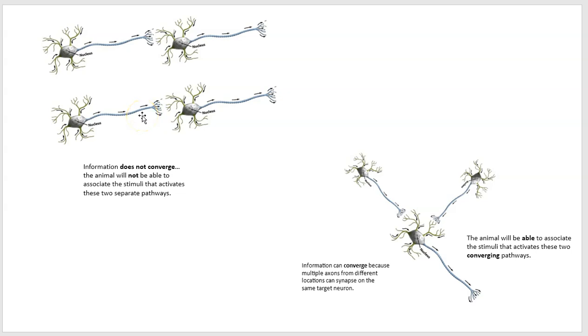So it's a certain architecture, and it's this architecture down here that supports associative learning. The bell pathway and the food pathway have to converge so that you can create the conditions for neuron plasticity. You can strengthen a certain set of synapses, and that represents an association between the two stimuli.